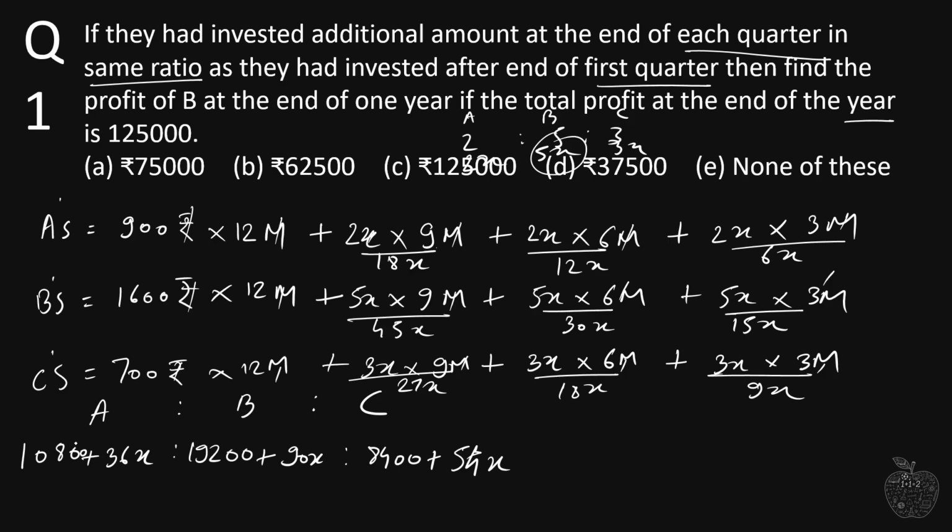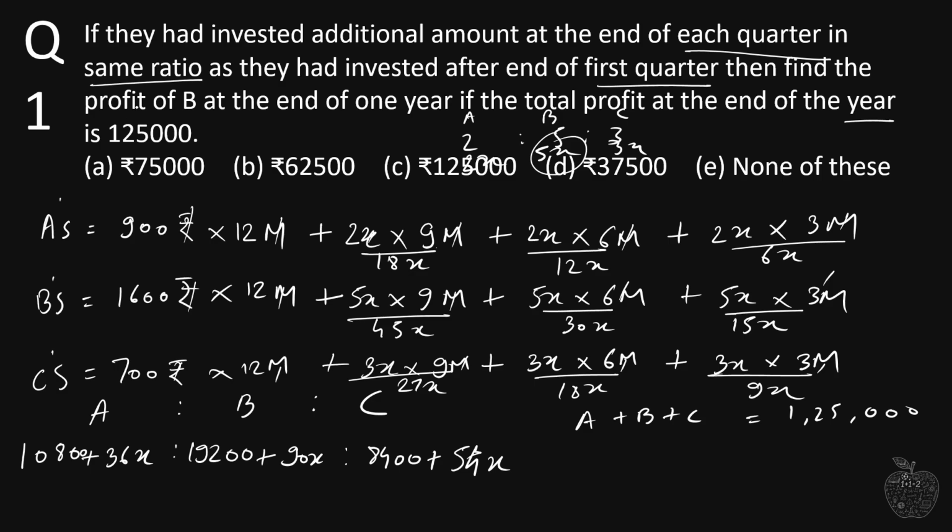The profit will be distributed among A, B and C in this ratio. We are given that the total profit is 1,25,000, so A plus B plus C here is 1,25,000.